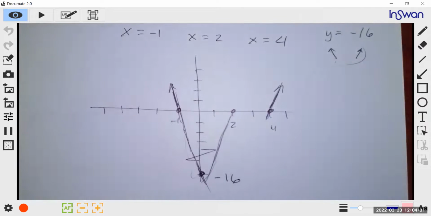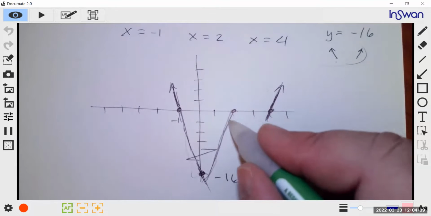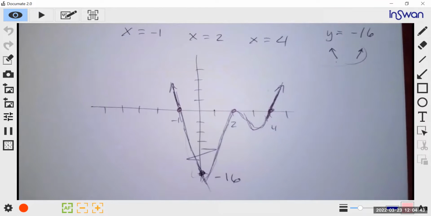It can't go up anymore. Since this one has to cut through there, it has to bounce off there. So there's our graph. A rough sketch of it, I should say, not the actual graph.